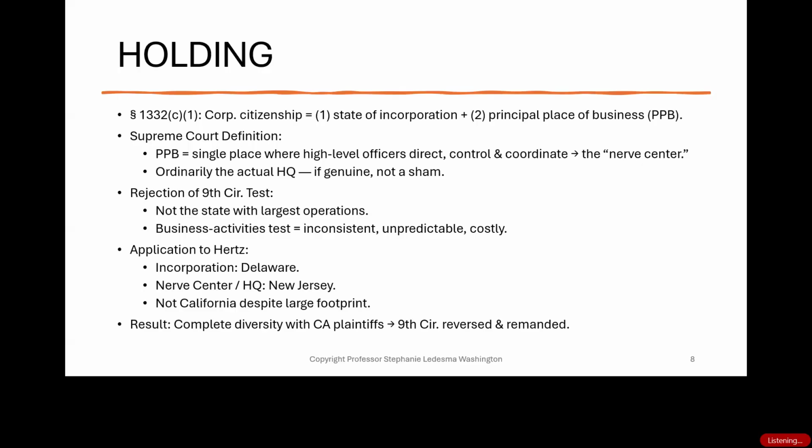Accordingly, Hertz was a citizen of Delaware, that's its state of incorporation, and Hertz was a citizen of New Jersey, which is where its nerve center is located. And for those reasons, complete diversity with California domiciliaries existed. As such, the case gets to remain in federal court. Yeah?